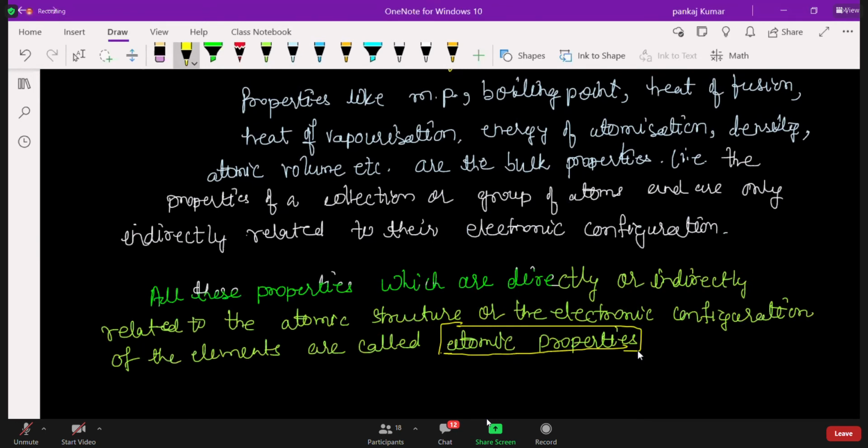One more is there, periodic properties. After atomic properties, we have periodic properties. What are periodic properties?